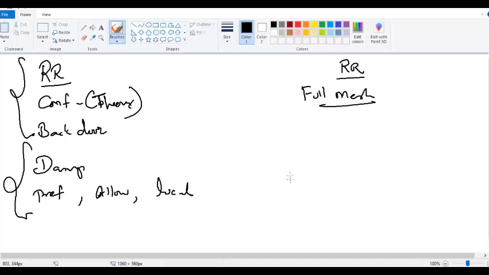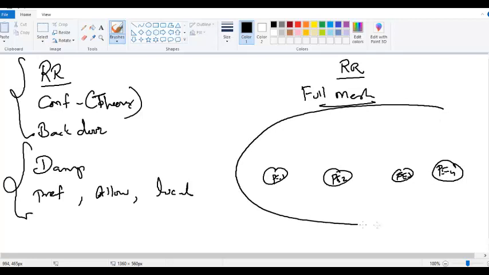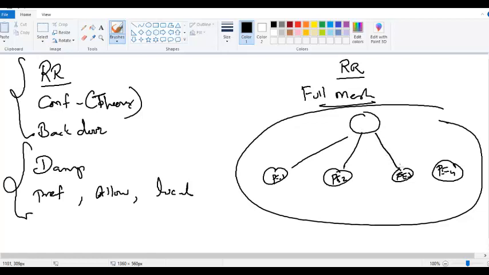Say for example, I have PE1, PE2, PE3, PE4. These are all provider edge routers. So you should design the autonomous system something like this. Usually, to overcome the IBGP split horizon rule, we make full mesh.